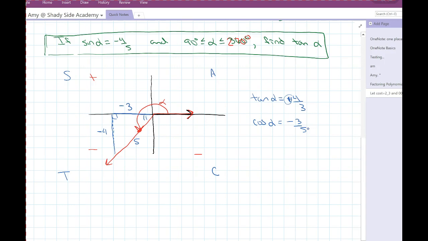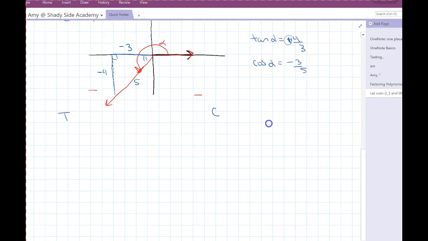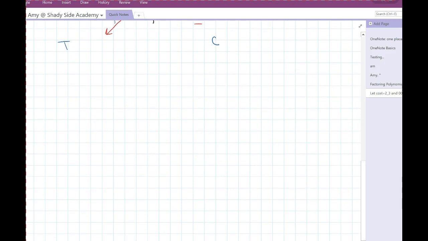Okay, how about this one? Let's say the terminal side of theta passes through the point P, which is the point 5, -1.